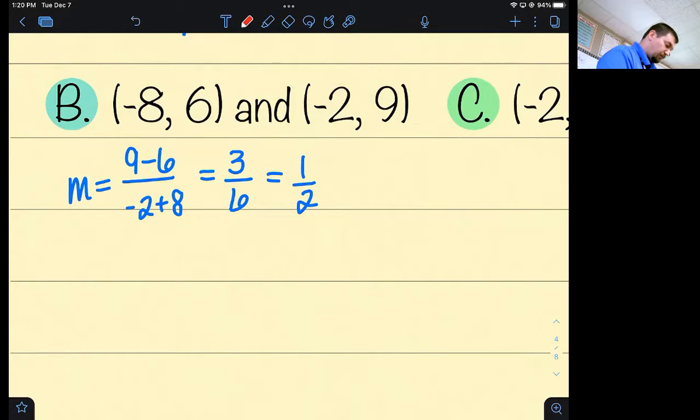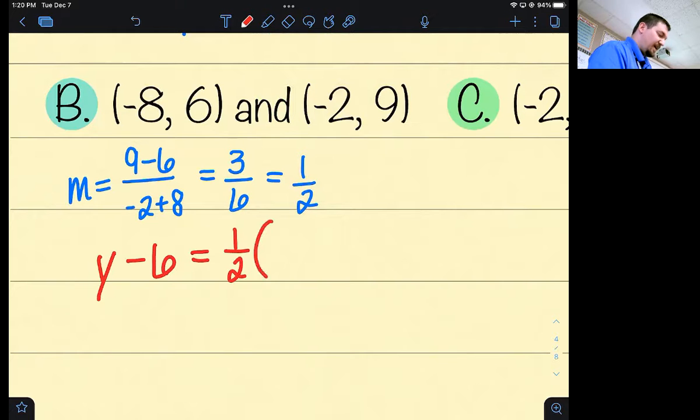Okay, y minus 6 equals 1/2. Forgetting something. Parentheses, there you go. x plus 8. And then close those parentheses. Good. Okay, good job.